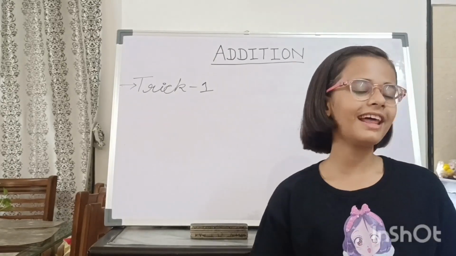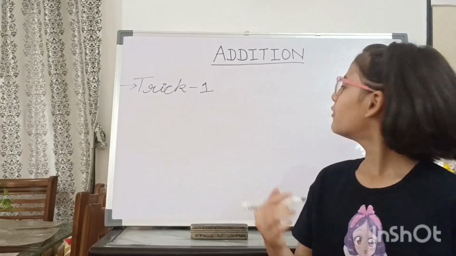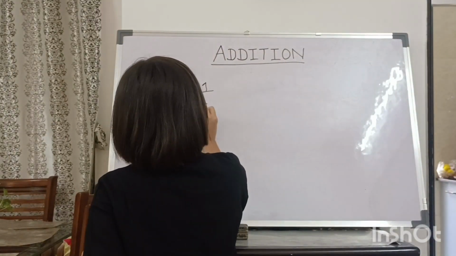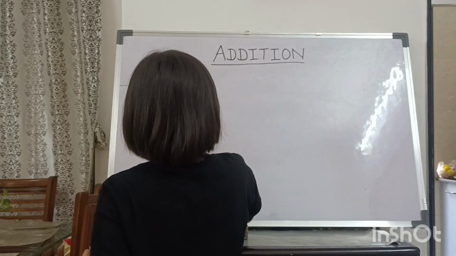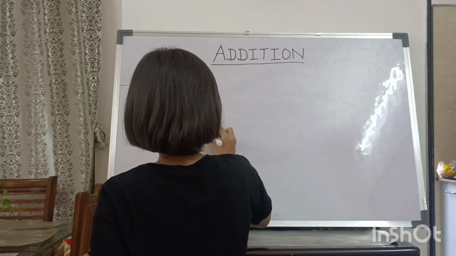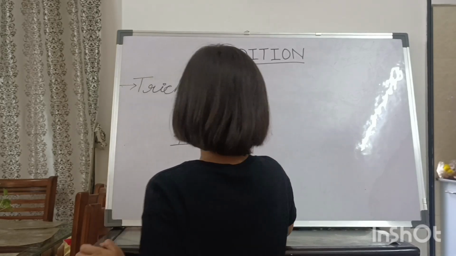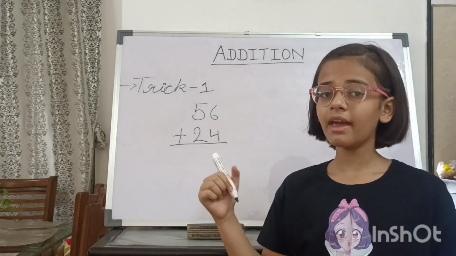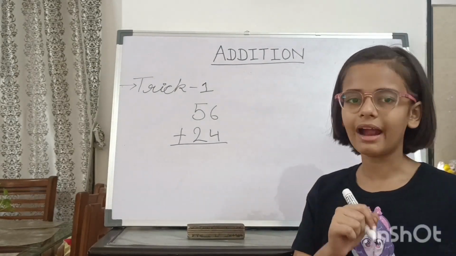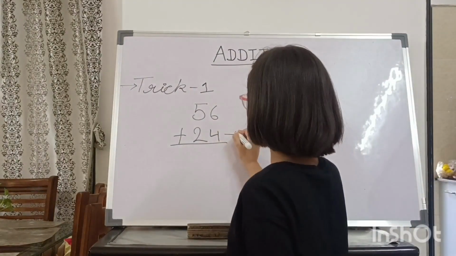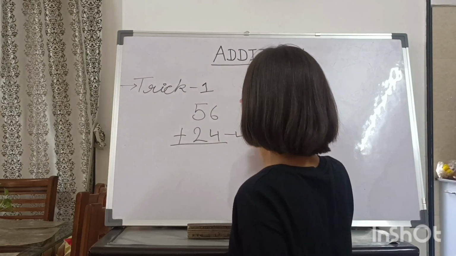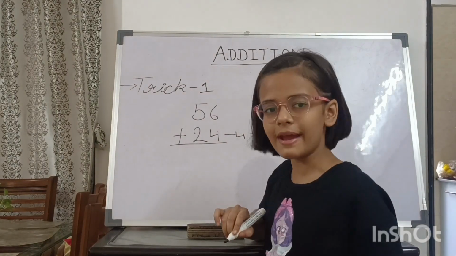So now let's learn the first trick. For example, let's take 6 plus 24. Now let's make them some easy numbers to add. Let's take 4 from 24, which is going to be 20.